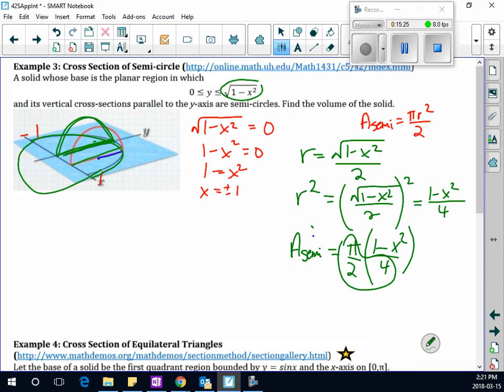Someone asked whether it should be squared again, but no, I already squared it. So essentially I'm multiplying by pi over 2 right now. My volume is going to be stacked from -1 to 1. I'm going to pull out the pi over 8 to make it easier, and then this is going to be 1 minus x squared dx.